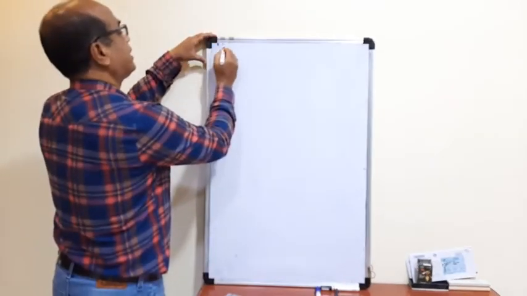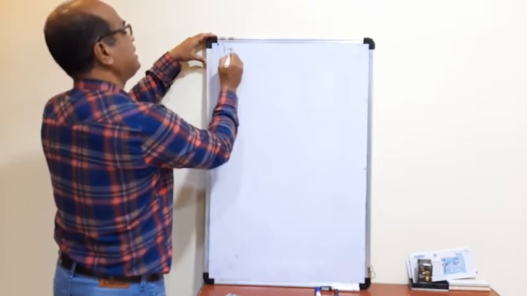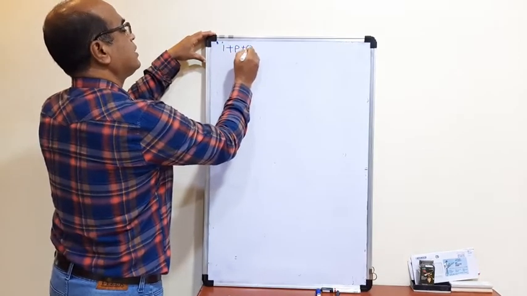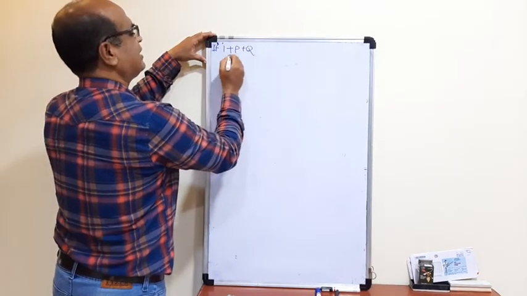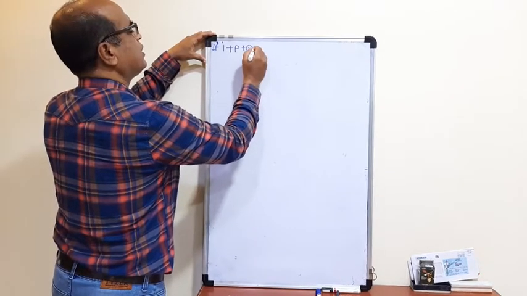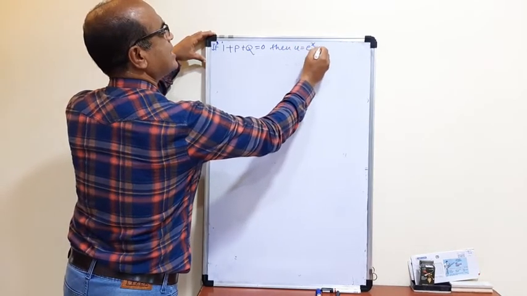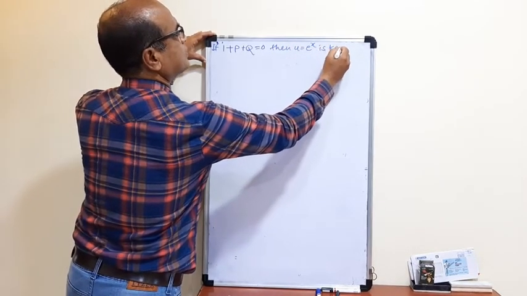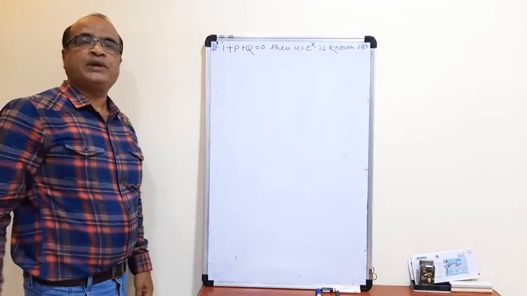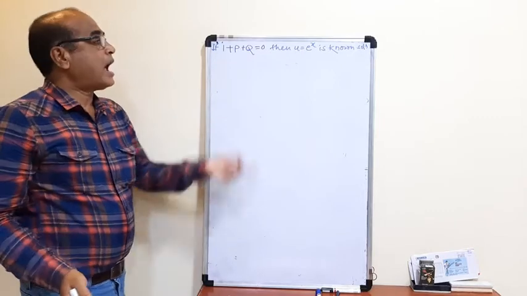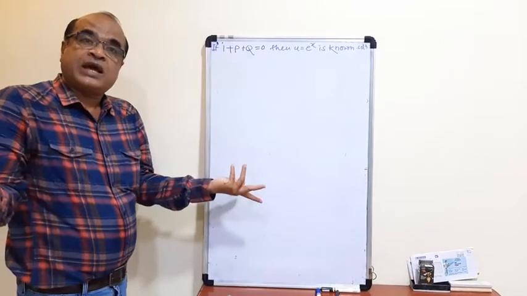The first type is: if 1 plus p plus q is equal to 0, then u is equal to e raised to x is a known solution. You know what p and q are, and adding them up, if we get 0, then u is equal to e raised to x is a known solution.